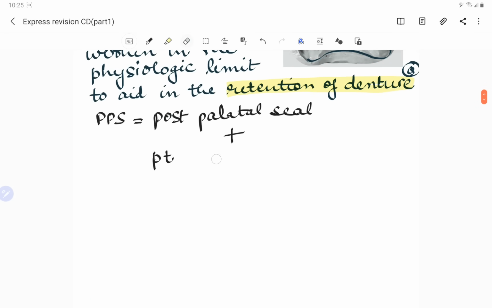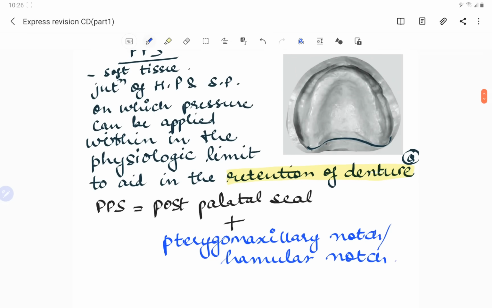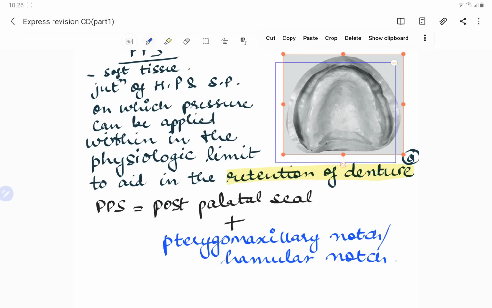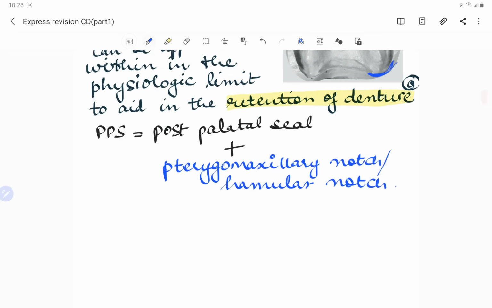Let's write it with other color, plus pterygomaxillary notch, or I can say hamular notch. So this is the pterygo, this particular is our pterygomaxillary seal.